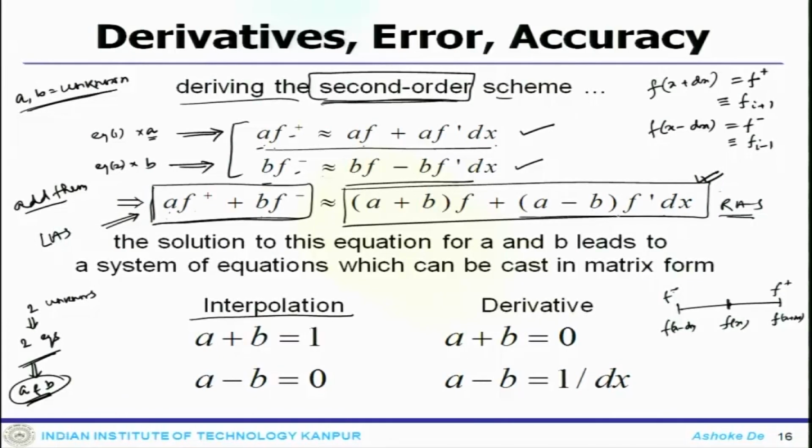So, theoretically f prime cannot be 0 because dx does have some finite value. So, the term which can be taken to 0 is A minus B. So, that leads to the one equation. Secondly, I am trying to get an interpolation, so A plus B should be 1.